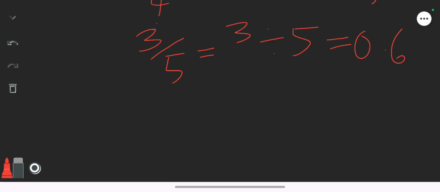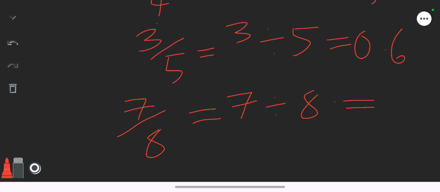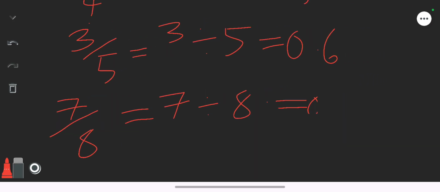Now let's look at another example. Let's say we have 7 over 8 as our fraction, and again the rule says we divide the numerator by the denominator. So 7 divided by 8 is equal to 0.875.